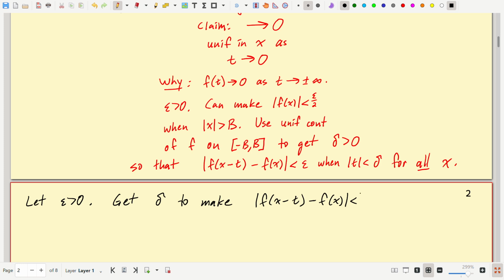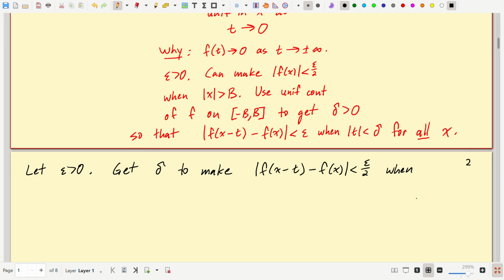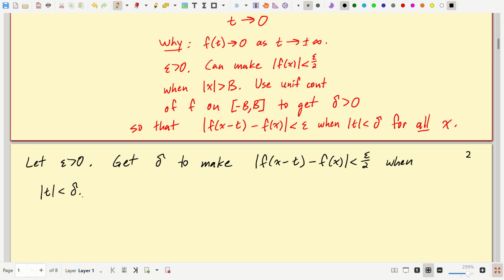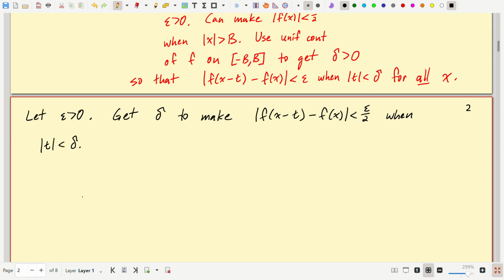Let's make it less than epsilon over 2 when t is less than delta in absolute value. And then you take that integral and you get that phi sub epsilon convolved with f at x minus f of x.